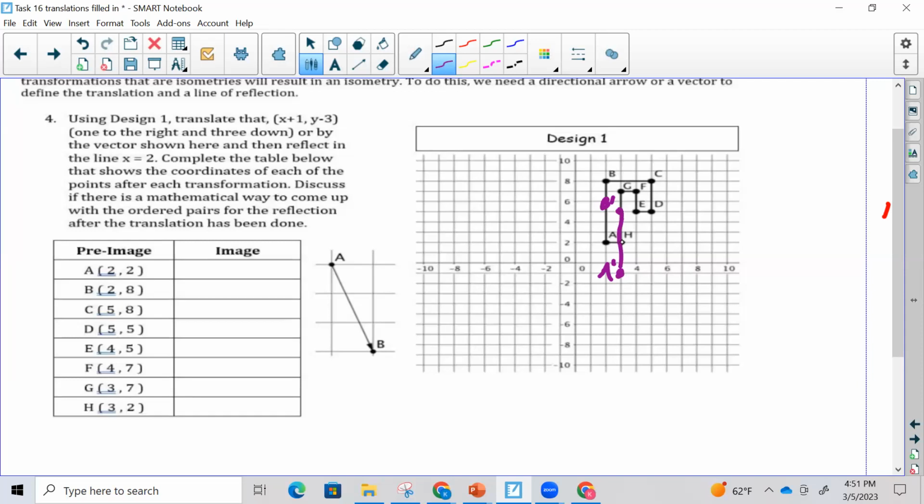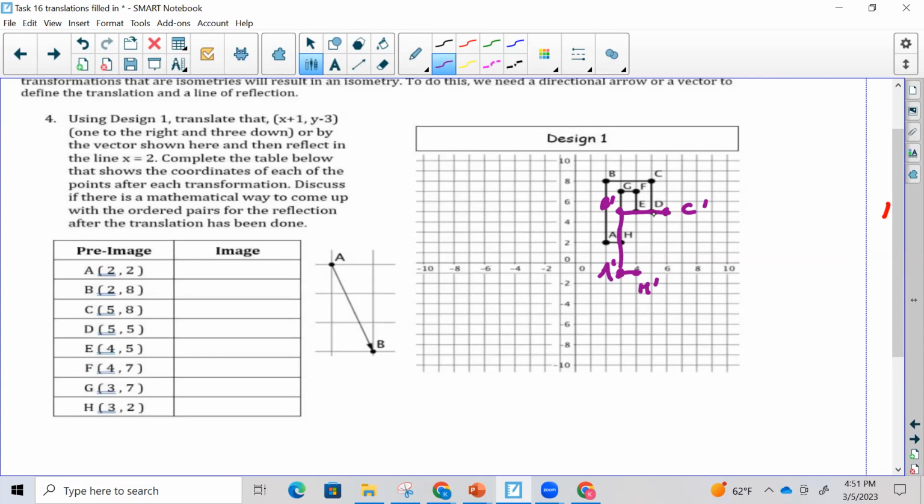Now H. For H, I'm going to do right 1 and then down 3 to get my new H. C, I'm going to go right 1 and then down 3 from that point, and this is my new C. I'm just doing that translation again, moving from each point. I'm adding 1 to the x, which means I'm going right 1, and minus 3 to the y, which means I'm going down 3.